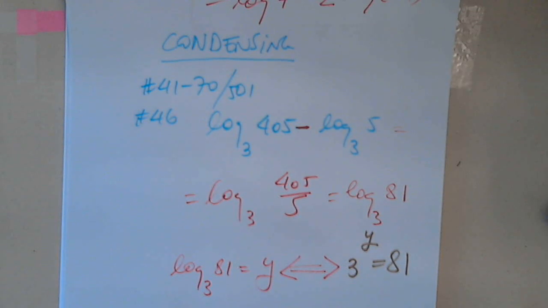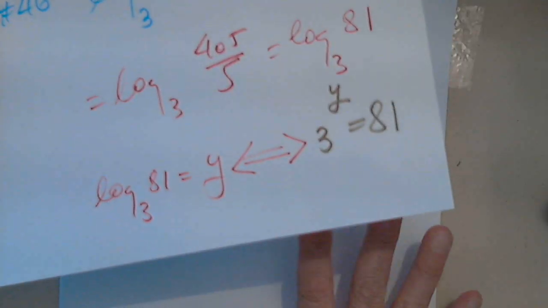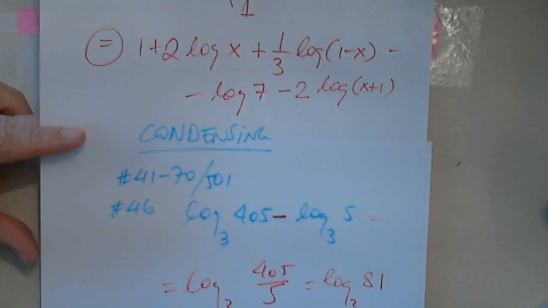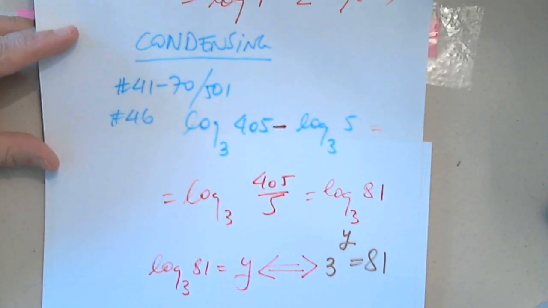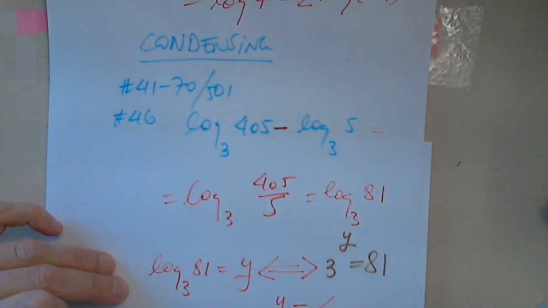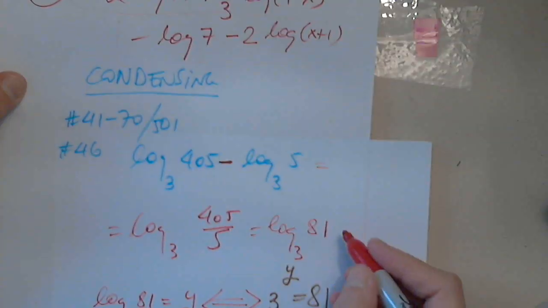But if you think for a moment, you will come up with a number that we raise 3 to get 81. Can anyone give us an idea? What could y be? 4. So that is 4.